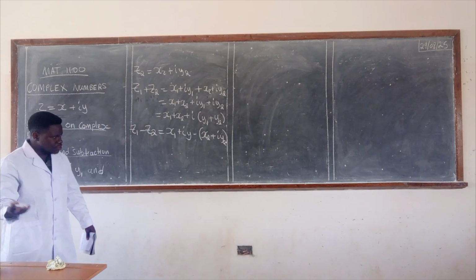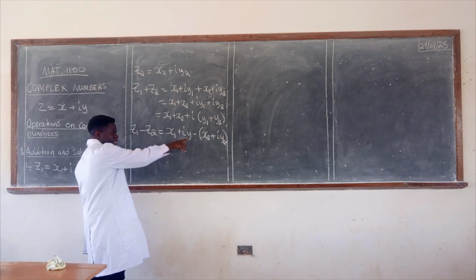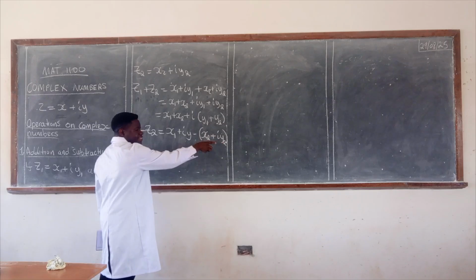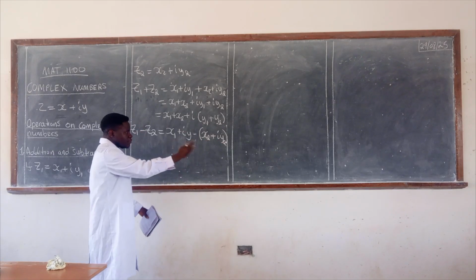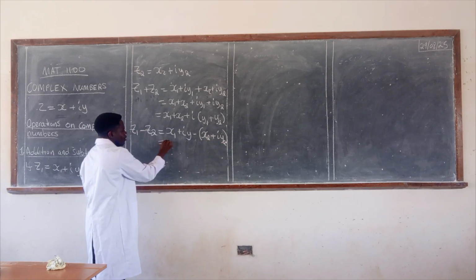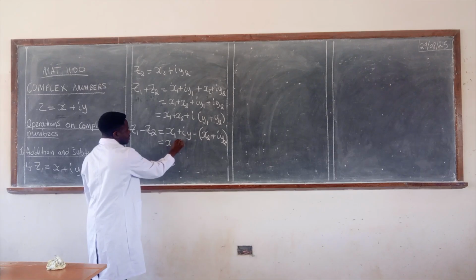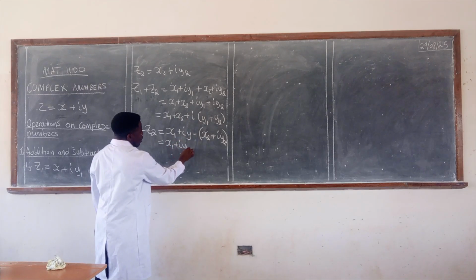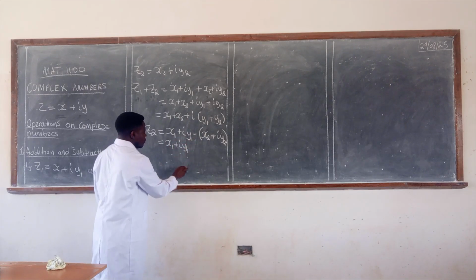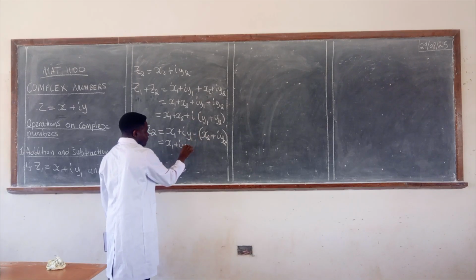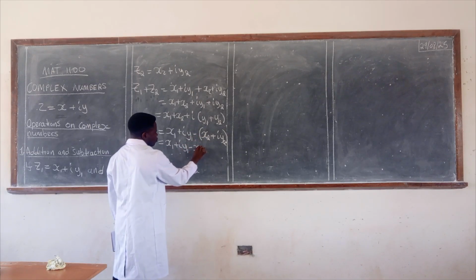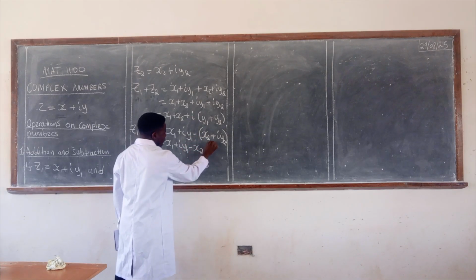We do the same thing, but because of the brackets we have to expand them. We have x1 plus iy1, and I multiply the negative sign throughout, so we have minus x2 minus iy2.